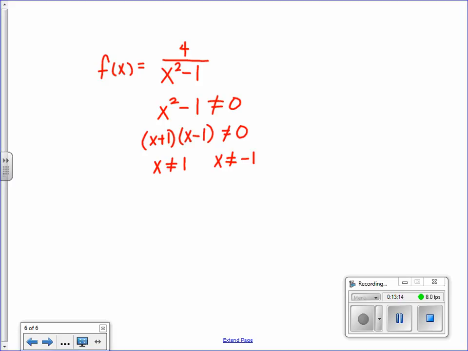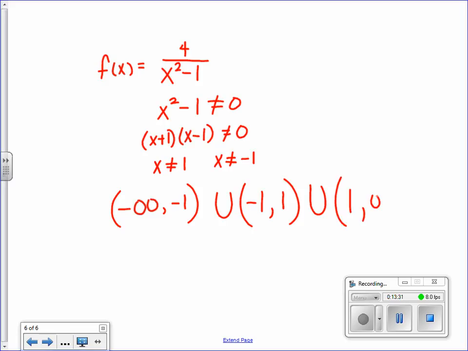It can be from negative infinity up to negative 1. It can be from negative 1 to 1. It can be 1 to infinity. I could jump over these 2 points right here. That's what I have to jump. It cannot be those 2 values.